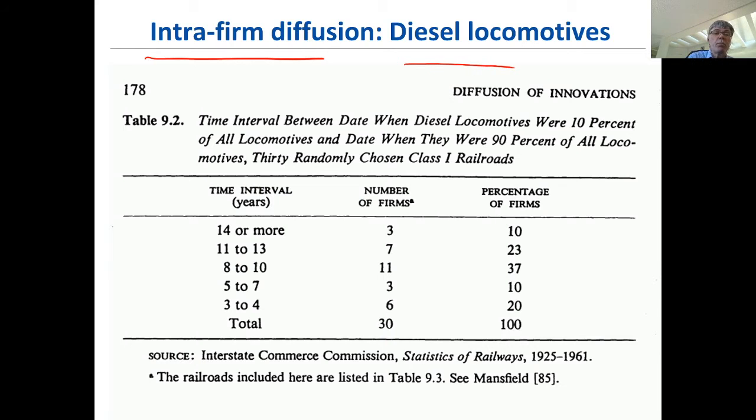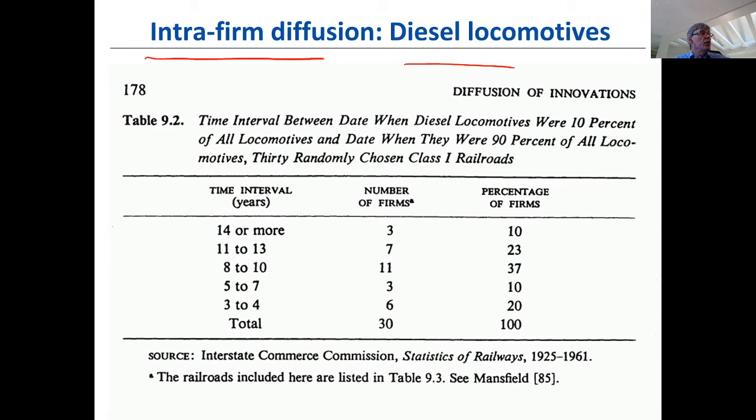Here, the example again from Mansfield, I think, is diesel locomotives. Actually, if you were to go to Vienna some 5 years ago, the trams, the Straßenbahnen, were in part about 50 or 60 years old, whereas you had at the same time some very new ones.